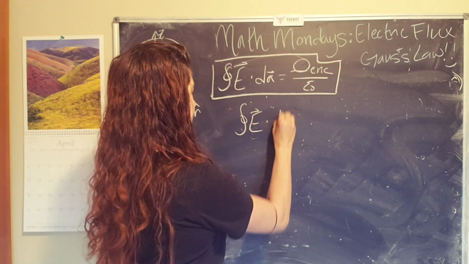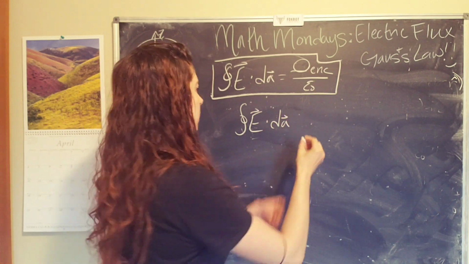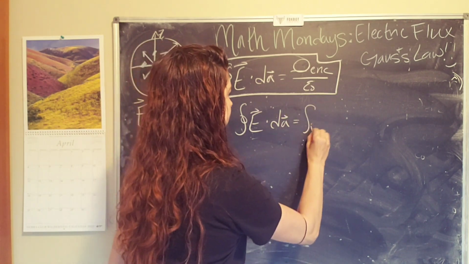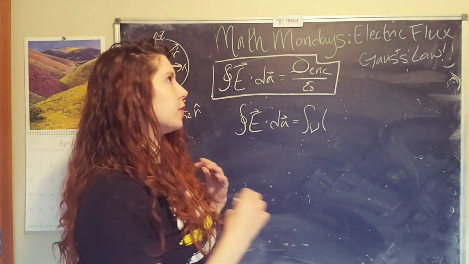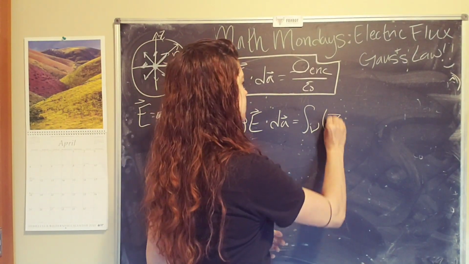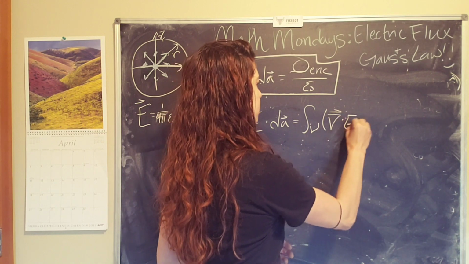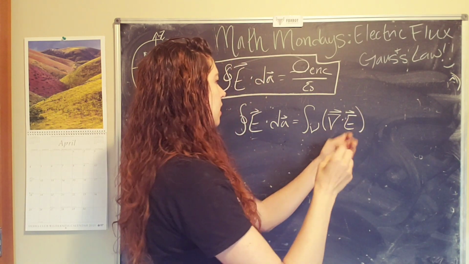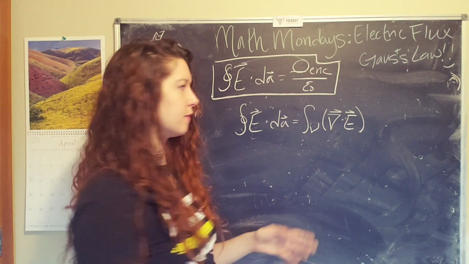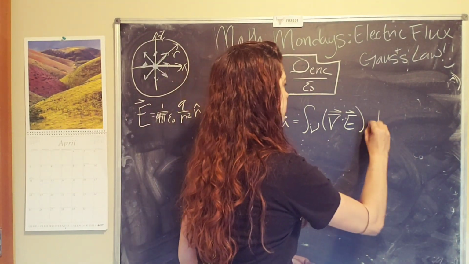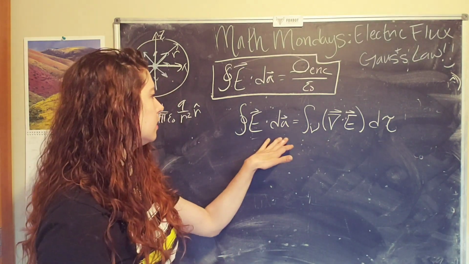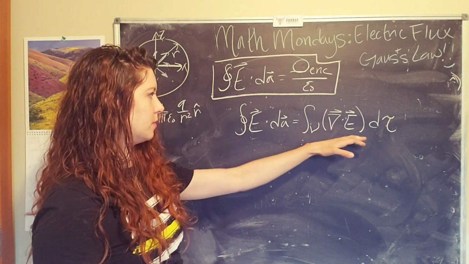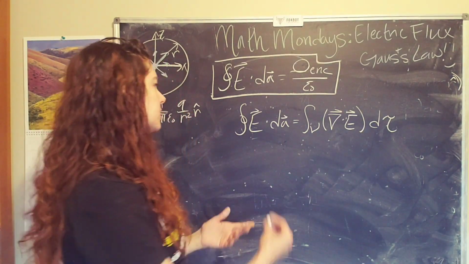It's just a mathematical theorem that we are taking advantage of, which states that the flux through a closed surface is equal to the divergence of the thing of interest, in this case the electric field, over the volume of that surface. So again, this is just a theorem of calculus.